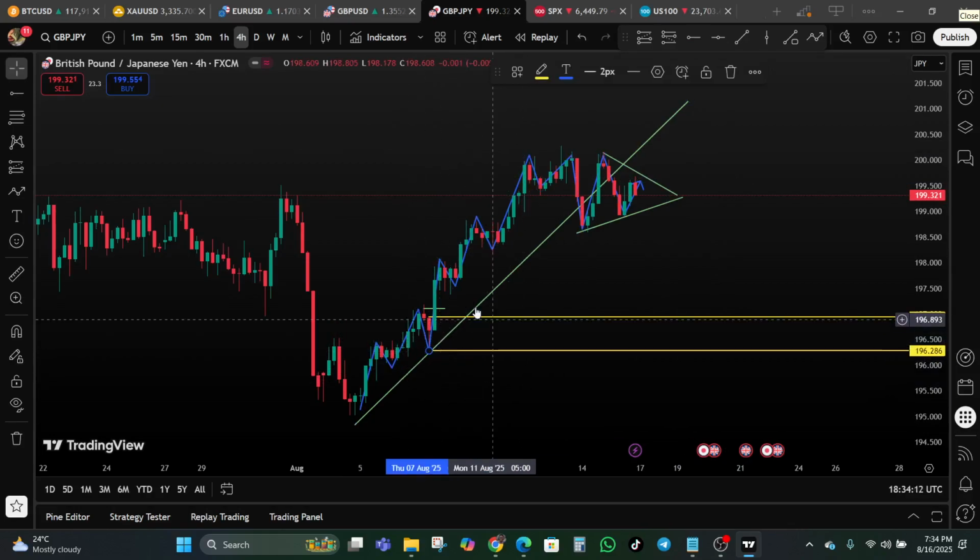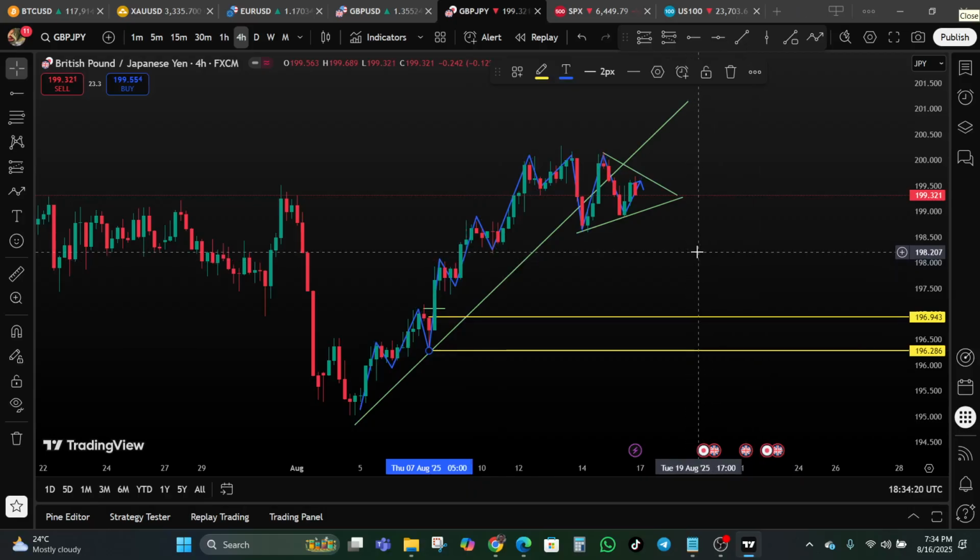So it means that we have a bullish order block around here. The last bearish candle before the impulsive move that led to the break of structure is going to be our bullish order block. Then if it was a bearish trend, it's going to be the last bullish candle before the impulsive move that led to the bearish break of structure. That's what is going to be our bearish order block.